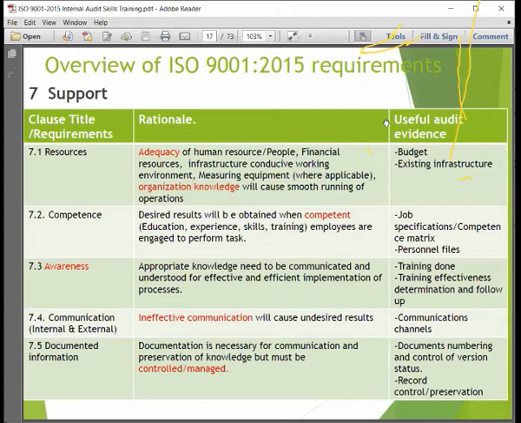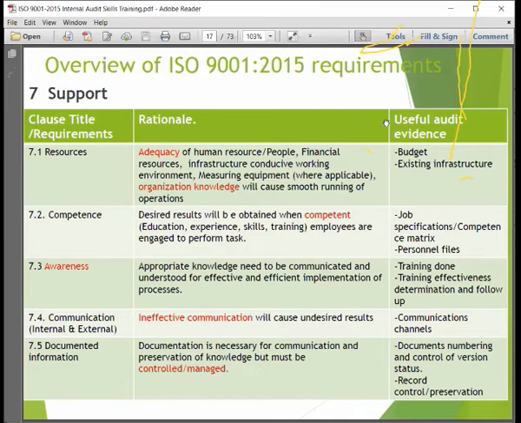You need some computers here, they are not there, but you're being told to key in the information. So those are missing gaps. You want to see whether there's a budget, or whether, as you can observe, the infrastructure is conducive for the kind of business that we are doing.